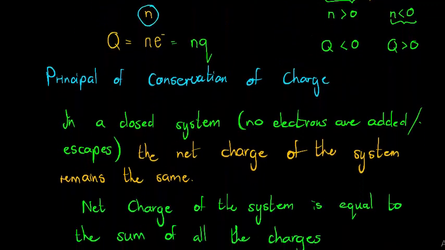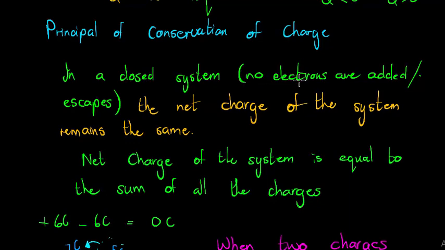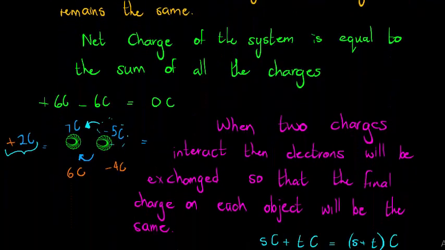Okay, the principle of conservation of charge says that if I've got more than one object in a closed system, in other words, no electrons are being added to or subtracted from the system, it doesn't mean the electrons can't jump between objects, but there are no extra electrons added to the system, and therefore it makes sense that the net charge of the system must remain the same. In other words, if I add up all the charges, I will get what is called the net charge.